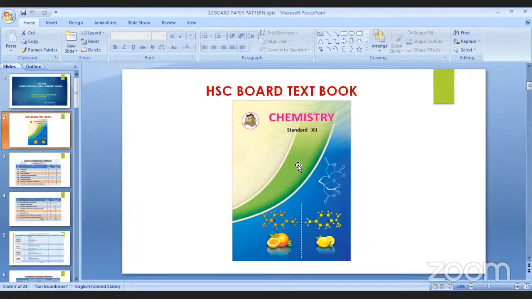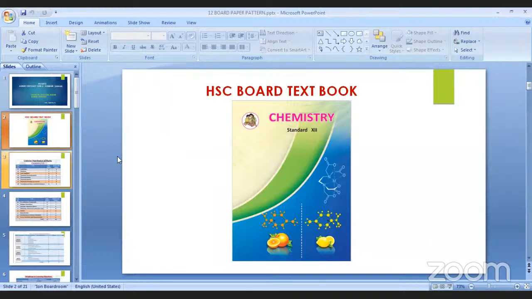For revising, I suggest you first read each lesson and chapter properly, and see what content is given in the textbook. Don't ignore the textbook, students, because you never know, a question may come from one line, from one diagram, or from the numericals in the book. So the textbook is very important.